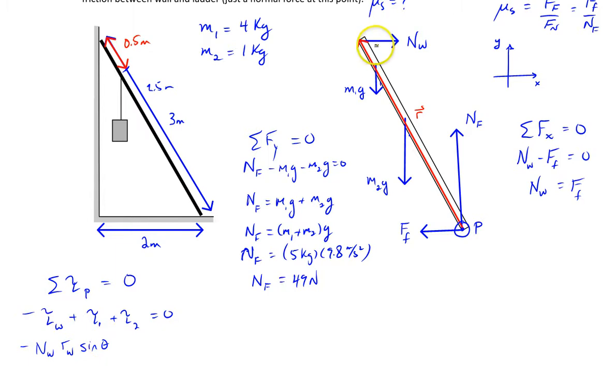So theta is in here, and we don't know that yet. Theta is also down here, because these are alternate interior angles. And you can hopefully see that theta is over here in our triangle. Now you happen to know this length is 2 meters along the floor and 3 meters along the hypotenuse.